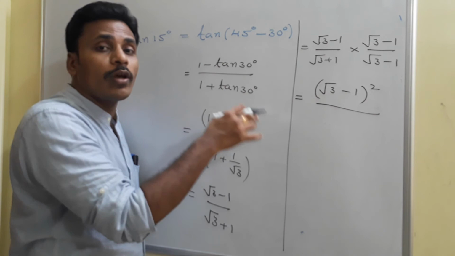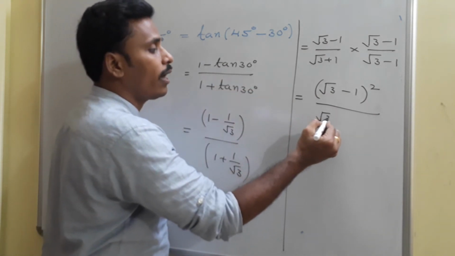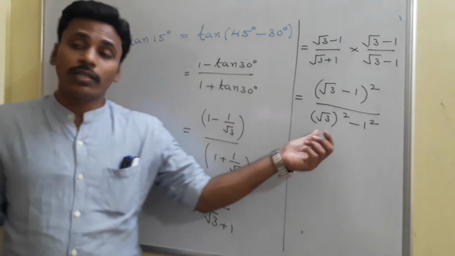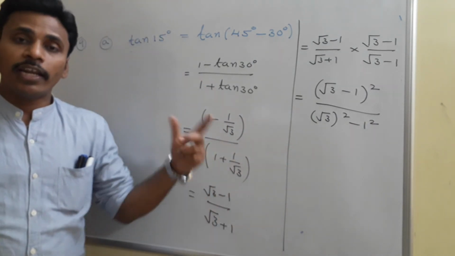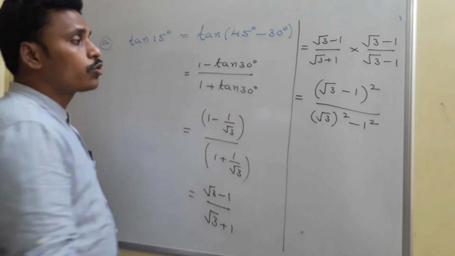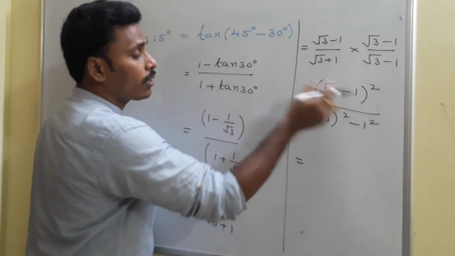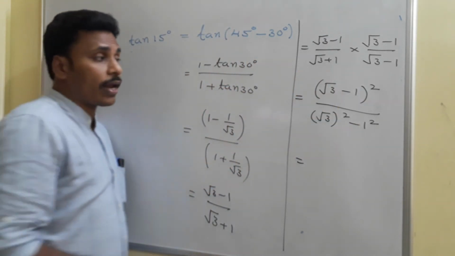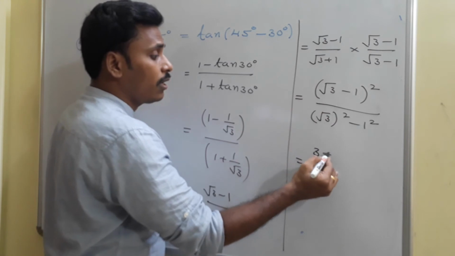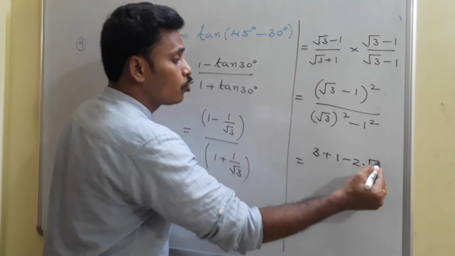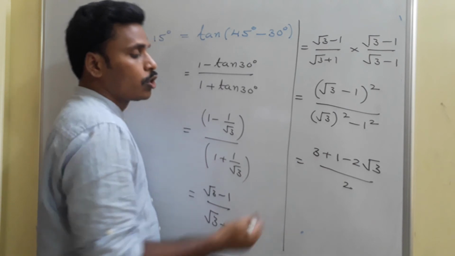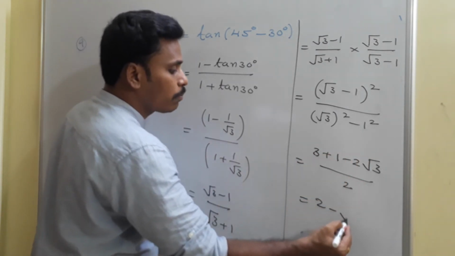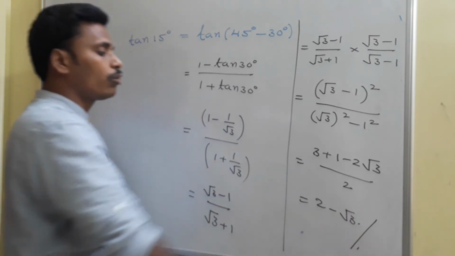A plus b into a minus b is a square minus b square, so root 3 square minus 1 square. Root 3 square is 3, and 3 minus 1 is 2. Numerator is root 3 minus 1 whole square. If you expand that, root 3 square is 3, plus 1 square is 1, minus 2 root 3, and the denominator is 2. So 3 plus 1 minus 2 root 3 by 2, which is 4 minus 2 root 3 by 2. On simplification you get 2 minus root 3 as your answer.